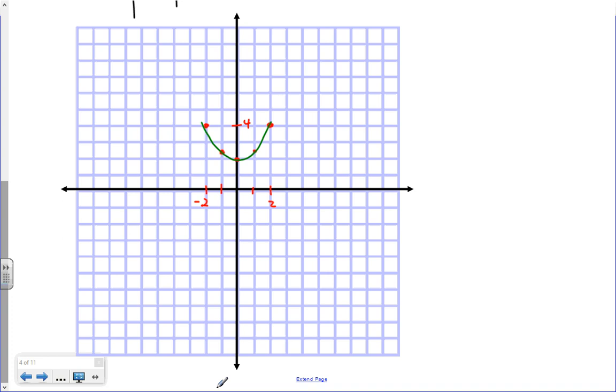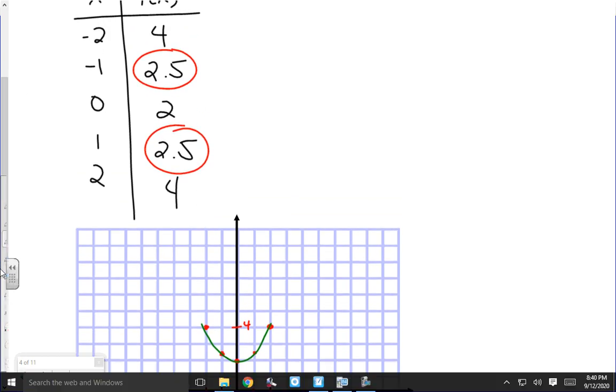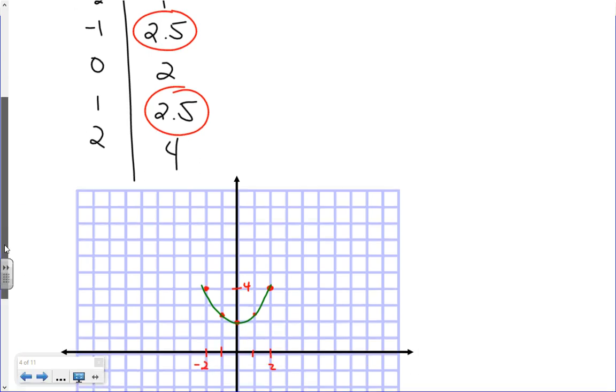And then on the same axes, plot the 5 points for the inverse relation and connect them with another smooth curve. So now that I've got a table of values, again, just swapping the x's and y's is real easy to do. So instead of plotting the first point at x equals -2, y equals 4, I'm going to instead plot that at the point x is 4, y is -2.